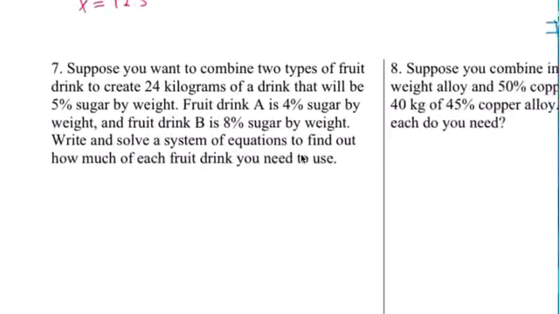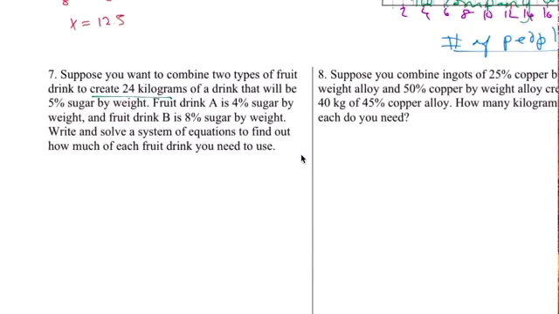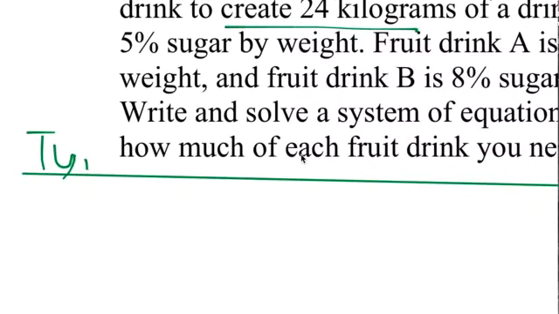Suppose you want to combine two types of fruit to create a drink. So you're creating, so that goes on the third row. All right. So first, the type of solution.